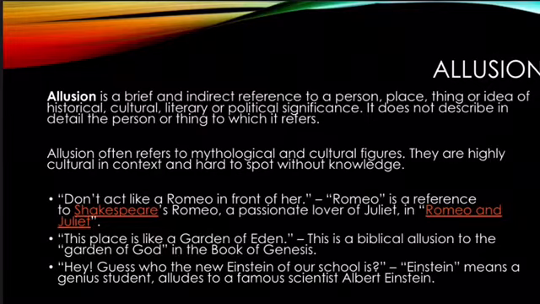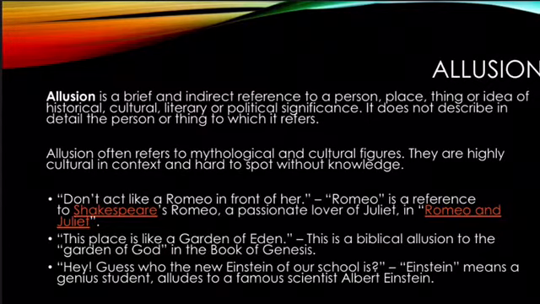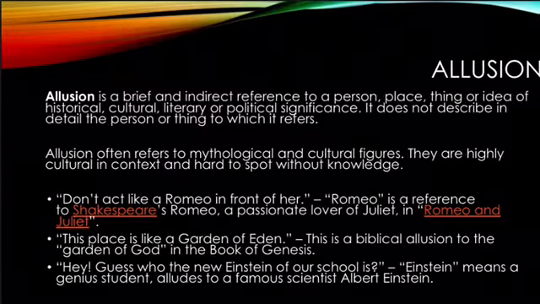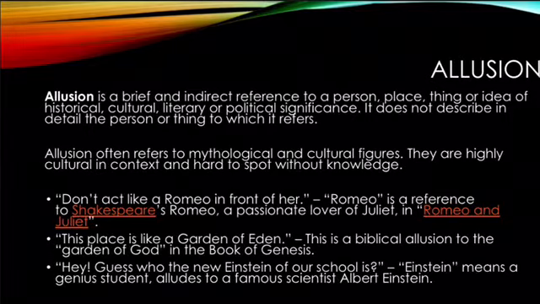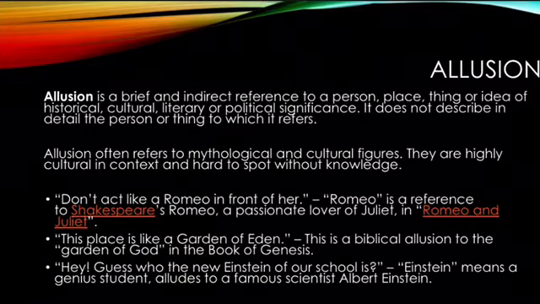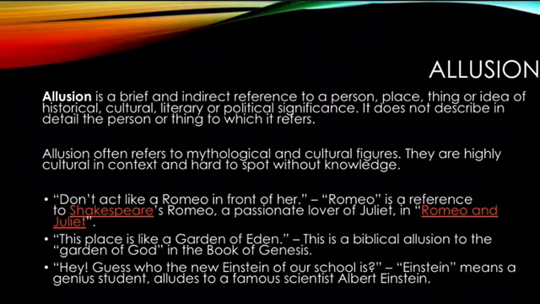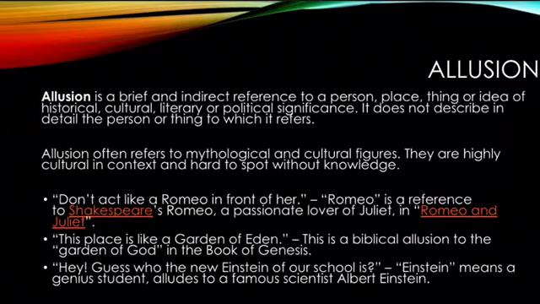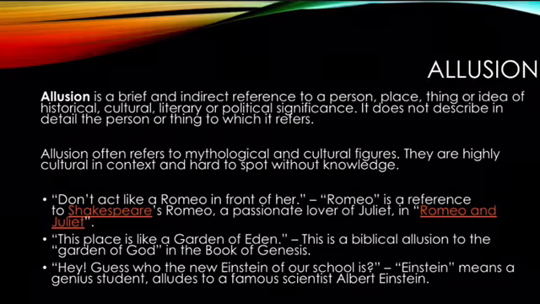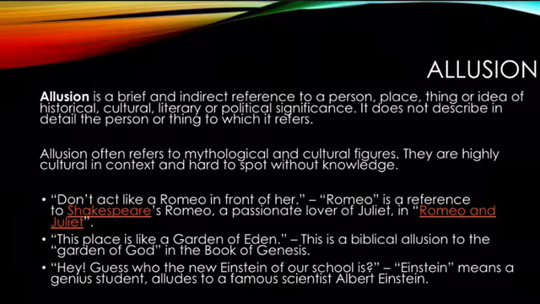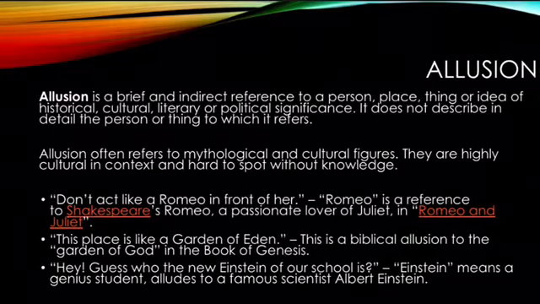The next literary device we're going to talk about is called allusion. Allusion is a brief and indirect reference to a person, place, thing, or idea that has either historical, cultural, literary, or political significance. It does not describe in detail the person or thing to which it refers.